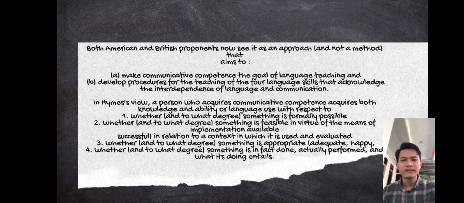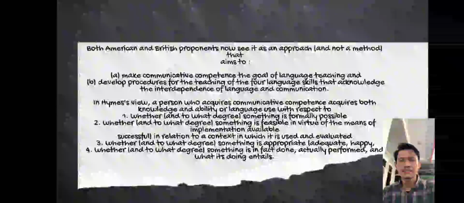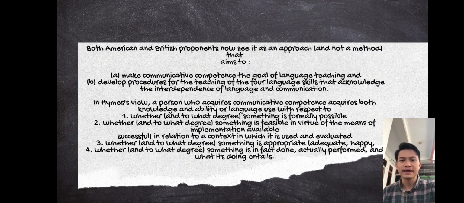In Hymes' view, a person who acquires communicative competence acquires both knowledge and ability for language use with respect to 1. Whether and to what degree something is formally possible, 2.